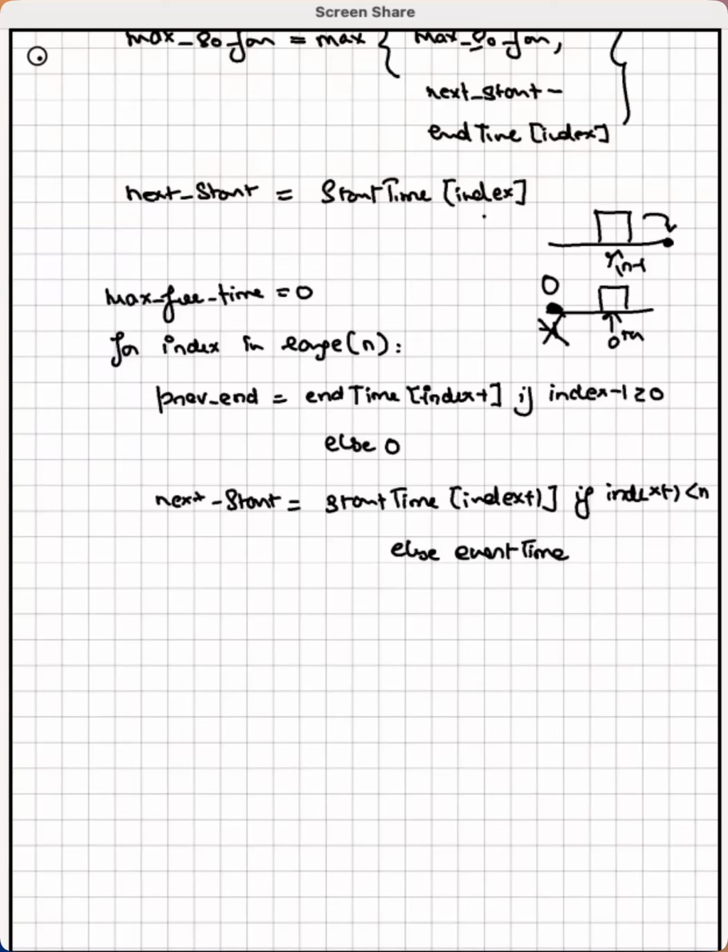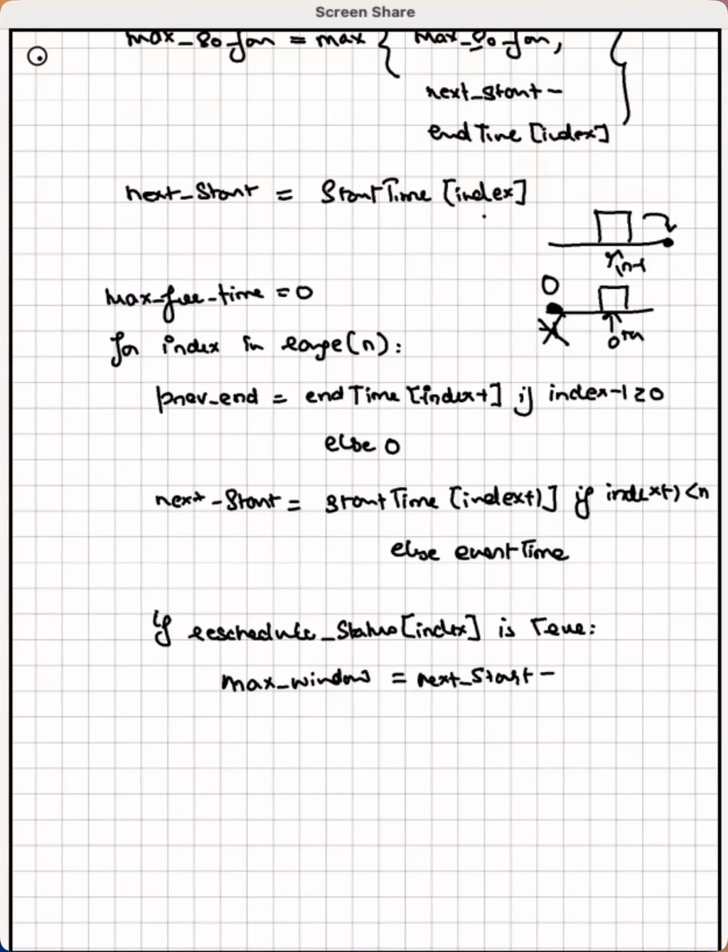Okay, so we got our previous end and next start available. Now let's check if reschedule status of index is true, then we say my max window is equal to next start minus previous end.